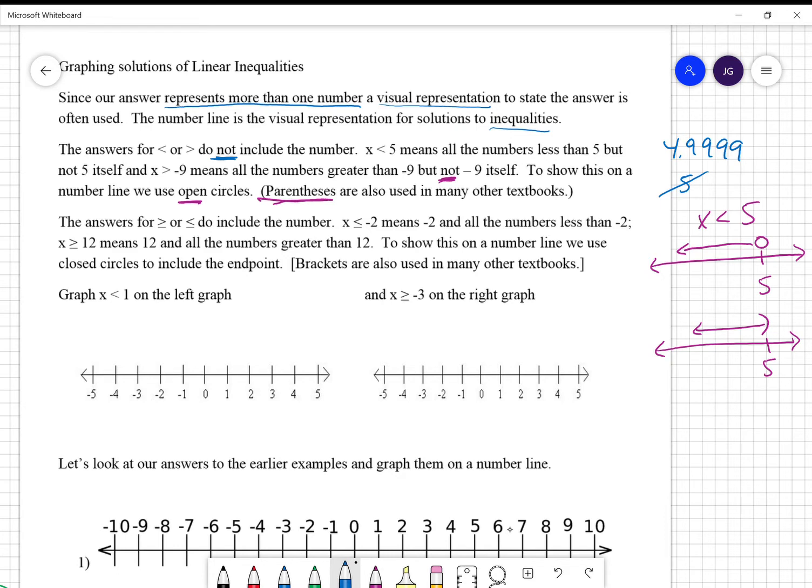If my answer was X is greater than 5 and I was going to use parentheses, then my parentheses, since I'm going to go in this direction, would curve to the right. I don't care which one you use. I'm used to the open circle, so it's usually what I default to.